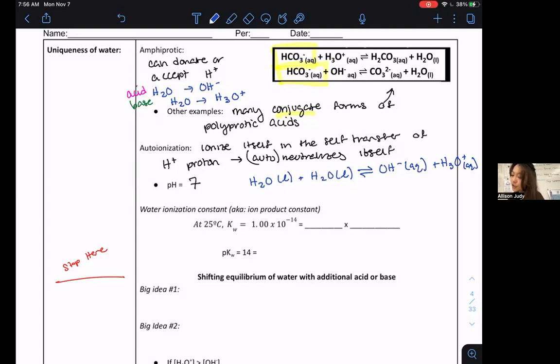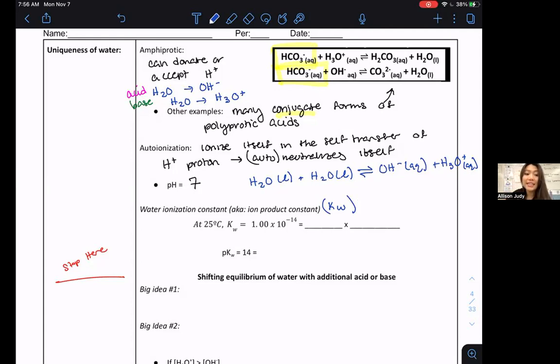And so what we do is we have a K equilibrium value for water that we symbolize as K sub W, to represent that this is the equilibrium specific for water. And at 25 degrees Celsius, because remember, temperature is the only thing that can change a K value, the ion product constant for water, or the water ionization constant, is 1.00 times 10 to the negative 14th.